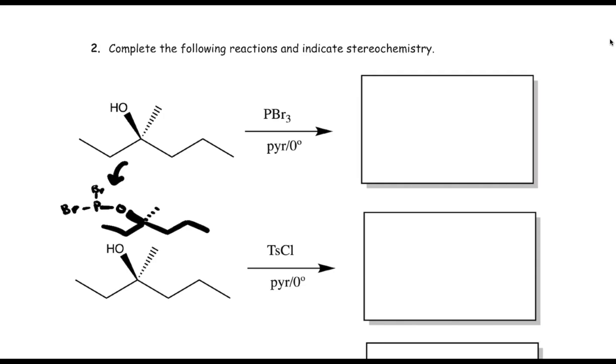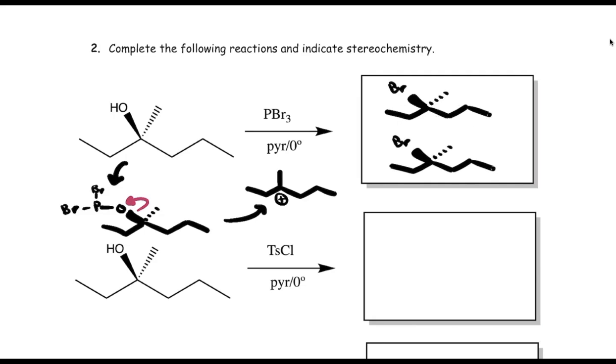So when your leaving group is like that, you're going to do an SN1. So you get that carbocation, and then the bromine can add in from either side, hence giving you this product or this product. Okay, so remember you only invert the stereocenter if you do an SN2, which in this case you can't.